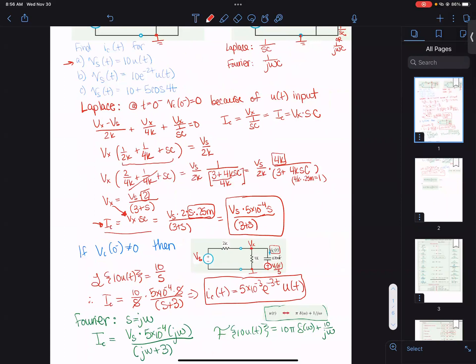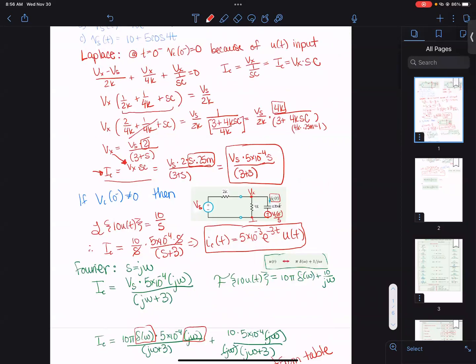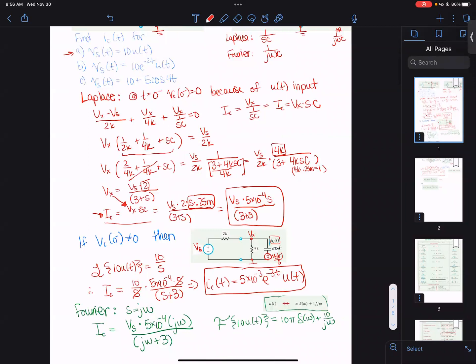So for the Fourier transform, I'm substituting j omega for s. You can go through the whole derivation again, except the only difference will be that instead of 1 over sC, it's going to be 1 over j omega C.